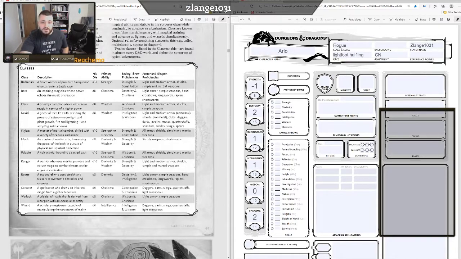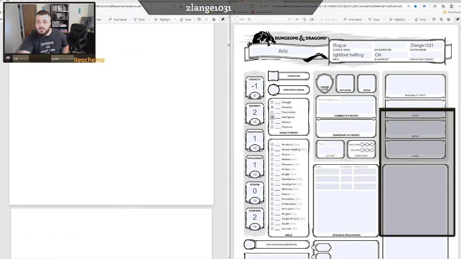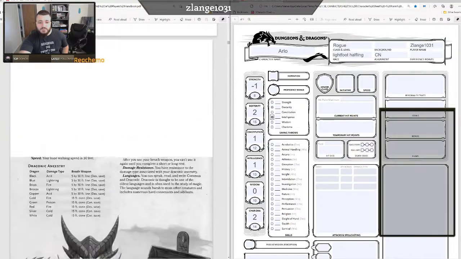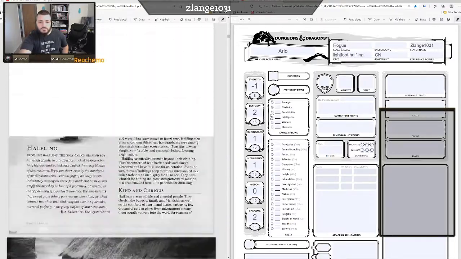And it talks about your saving throw proficiency. So these are the saving throws that you will most likely succeed on every single time. So we can go ahead and mark dexterity and intelligence. Now, the one thing I forgot to do when choosing the Lightfoot Rogue is we forgot to buff up our ability scores. So we'll go back up to the Halfling.